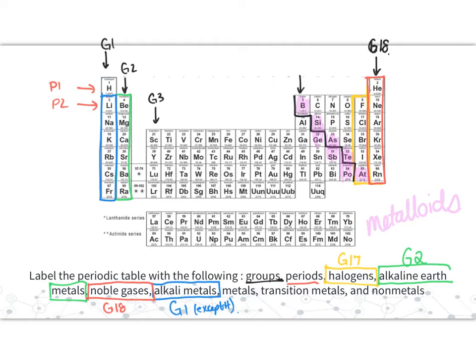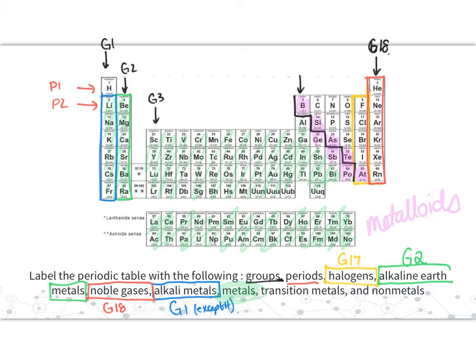Okay, the metals in our periodic table are green. So in our periodic table, that would mean all of these guys are metals, all the way up to our metalloids, and the entirety of our lanthanides and actinides, these guys down below. So our metals were this color.